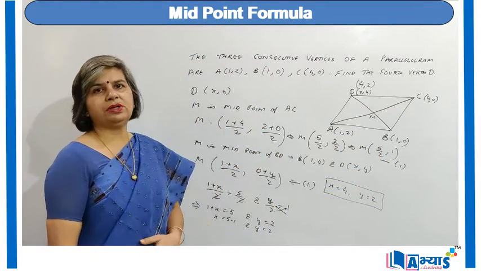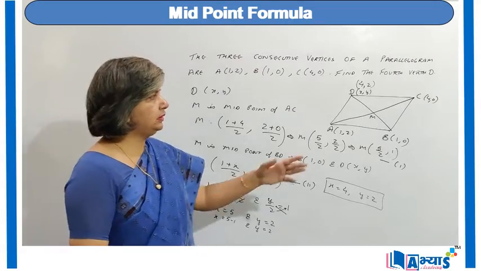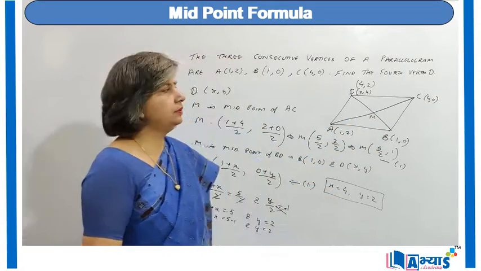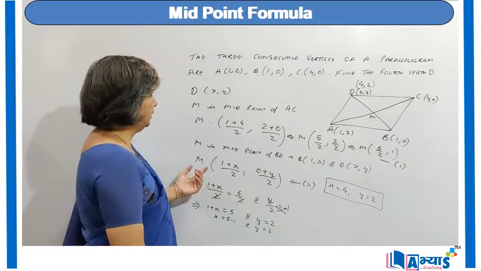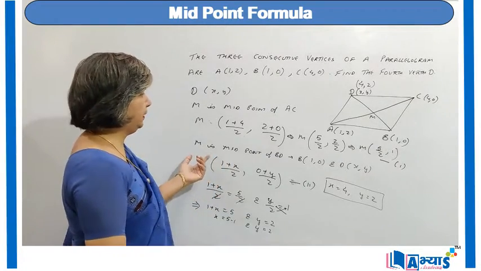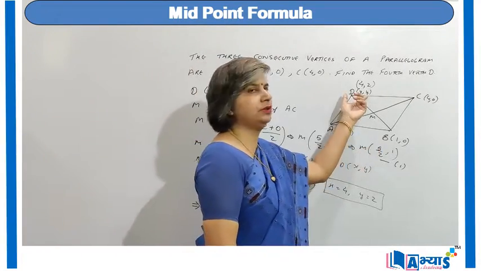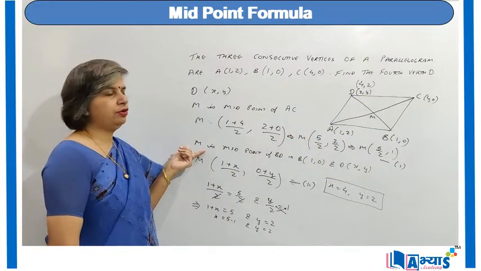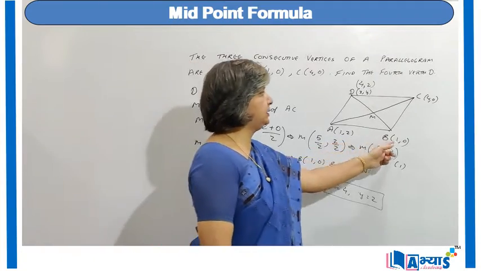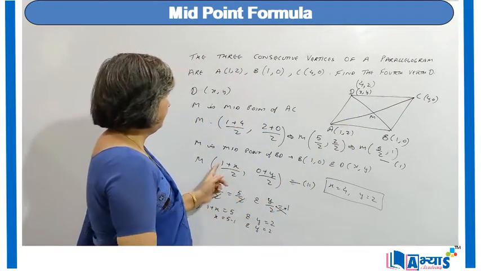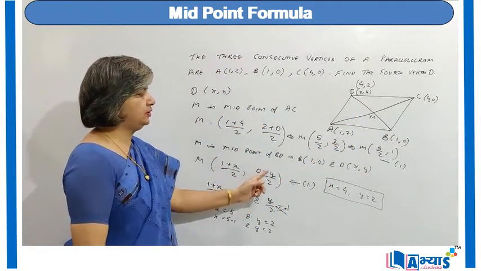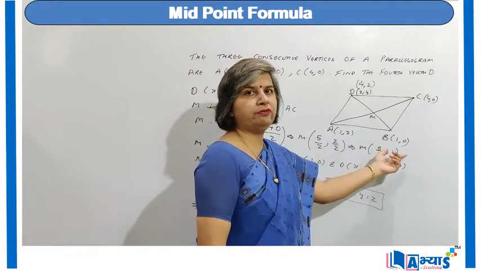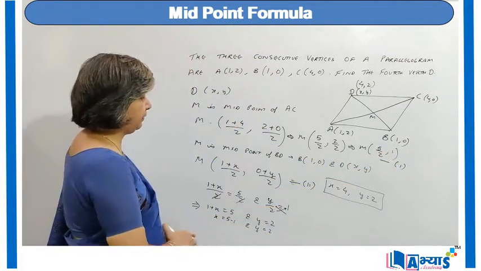Once we found the coordinates of M, we used them to find the coordinates of M using B and D. Now the coordinates of B are 1, 0 and the coordinates of D we have assumed as x and y. So if M is the midpoint of BD, using these coordinates the value will be 1 plus x divided by 2 and 0 plus y divided by 2. But we have found that M has the value 5 by 2, 1, so we have equated them.